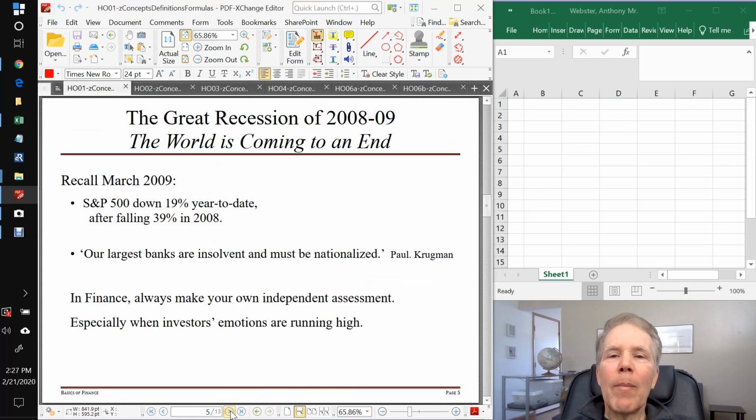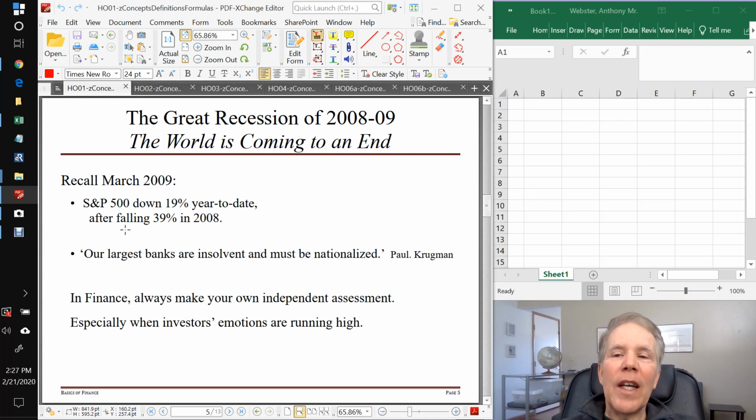Okay. So we have looked several times at the Great Recession, and we will continue to throughout the term. So good to know the key points. March of 2009 was about the nadir of the Great Recession, although of course we didn't know it at the time.